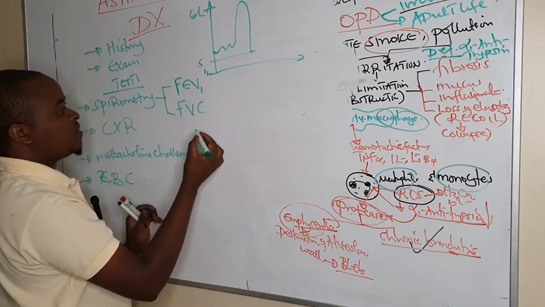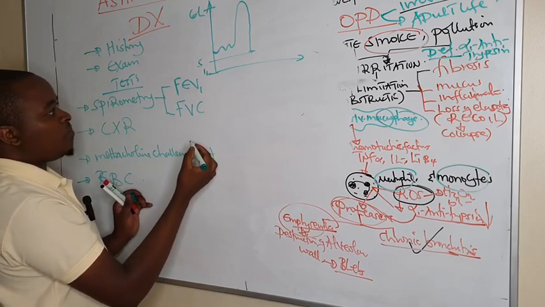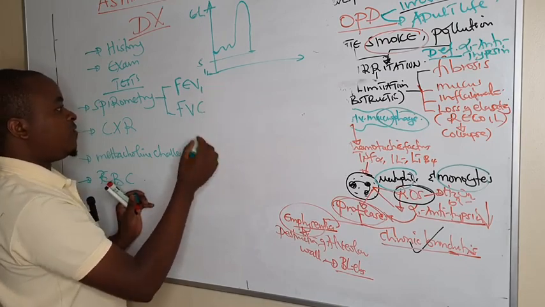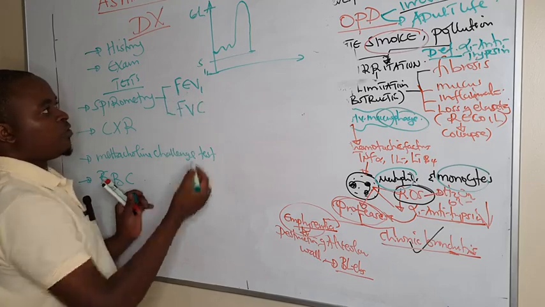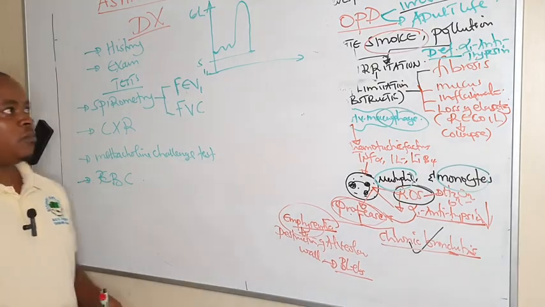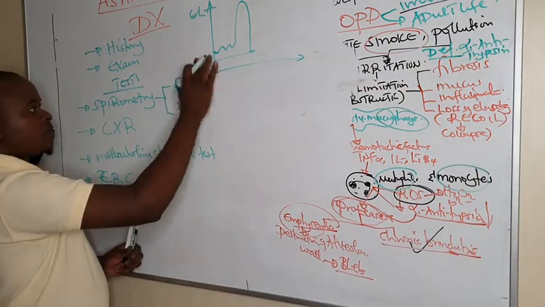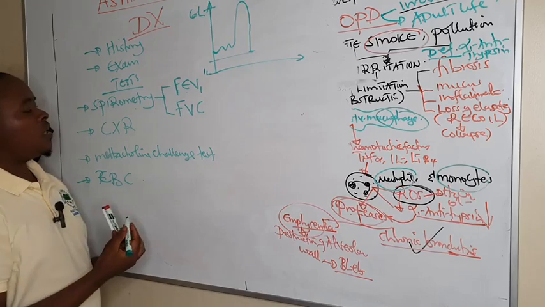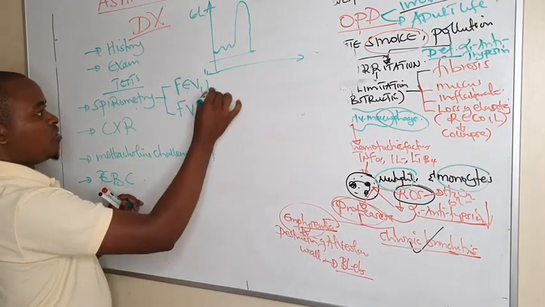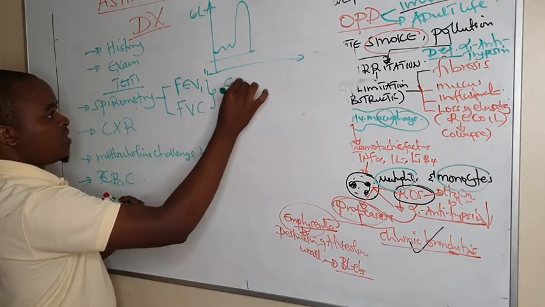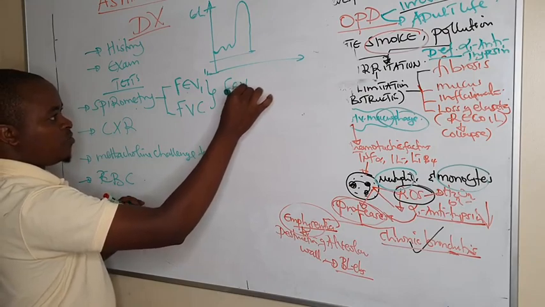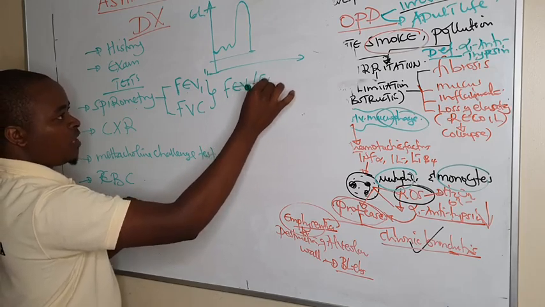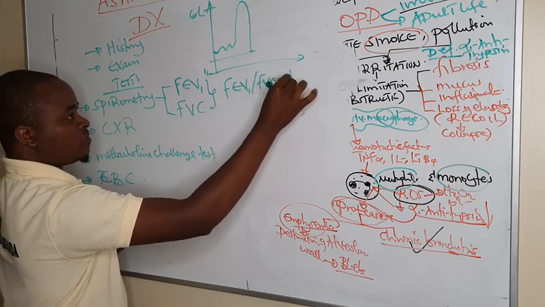So sometimes the forced vital capacity is 5 and the forced expiratory volume can be like 4, but they differ. So in spirometry with asthmatic patients, we calculate the forced expiratory volume in 1 second divided by the forced vital capacity ratio.